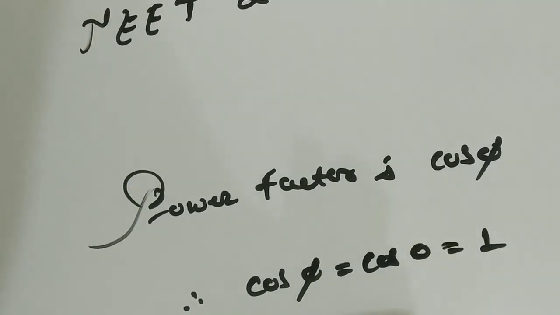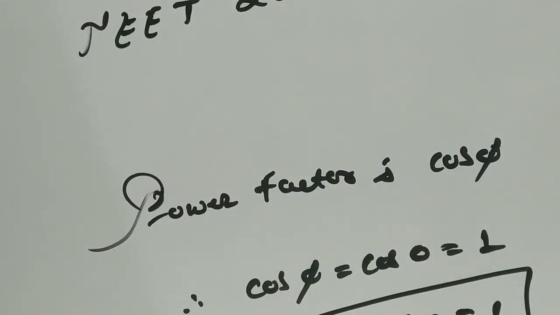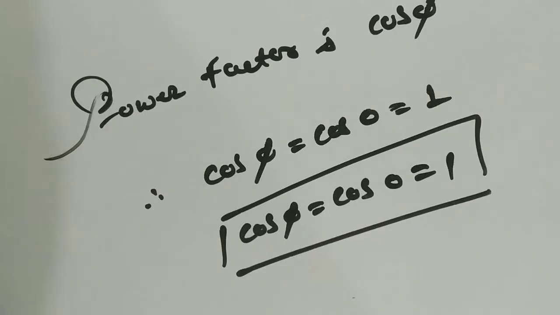So power factor cos phi equals to cos 0 equals to 1. Now this is our answer. Our answer is second. Are you seeing it? Now this is my solution.